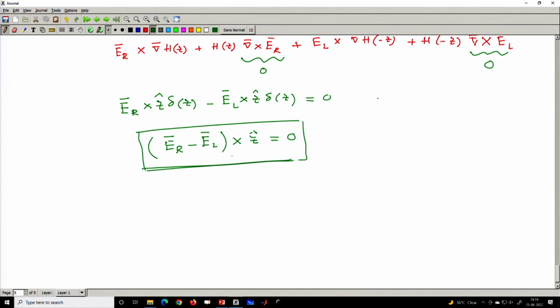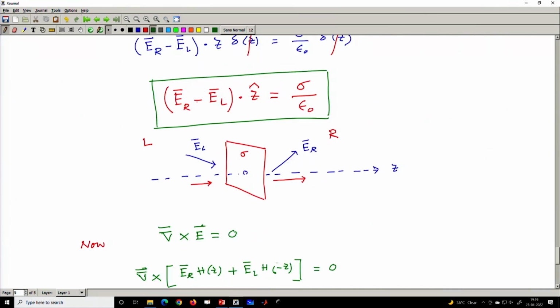When you make a cross, that means you are now talking about the parallel component, because the cross will be perpendicular to the EL and Z both, that means it should be in the xy plane.